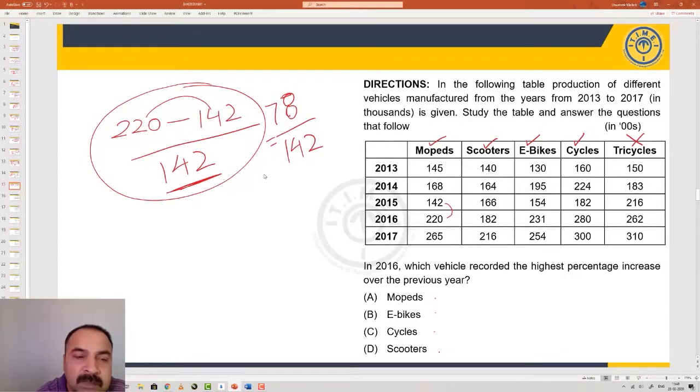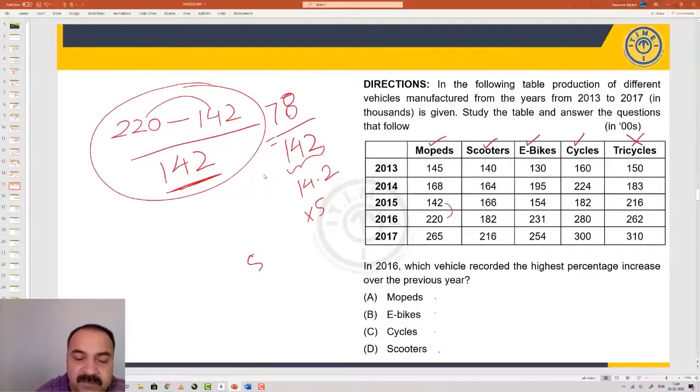To 142, you add the number 58 to reach 200. From 200 you add a further 20. So 58 plus 20, 78. 78 by 142. What is 10% of 142? 14.2. And what is 14 fives? That is 70.